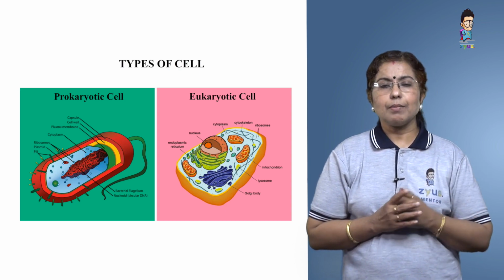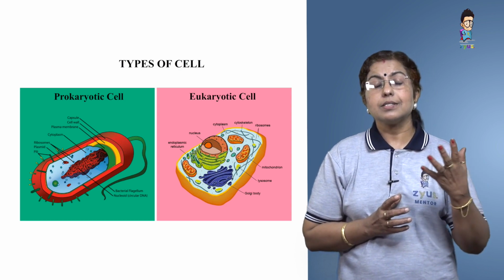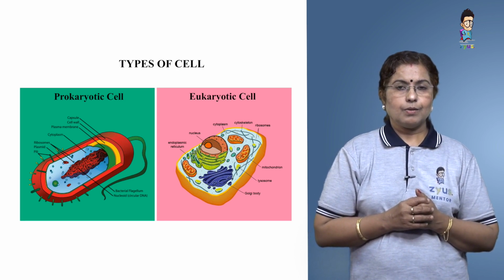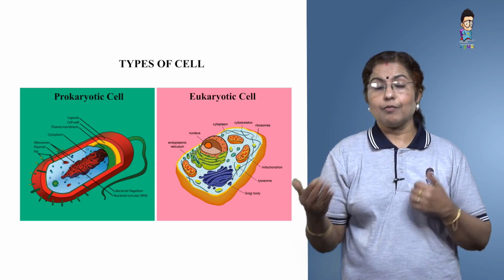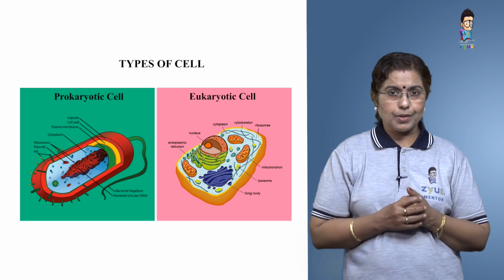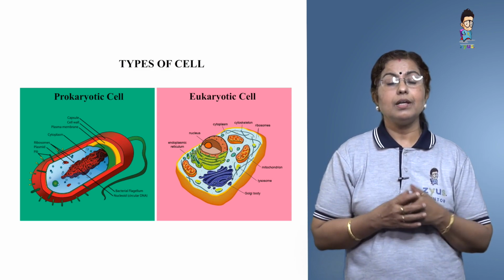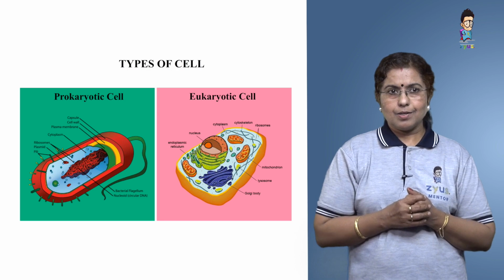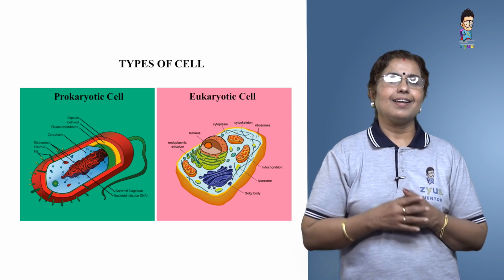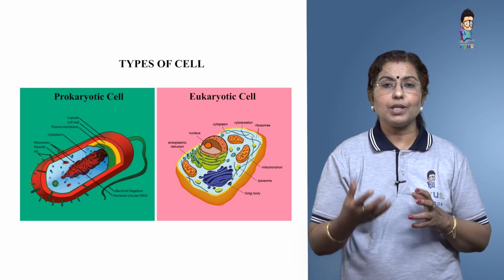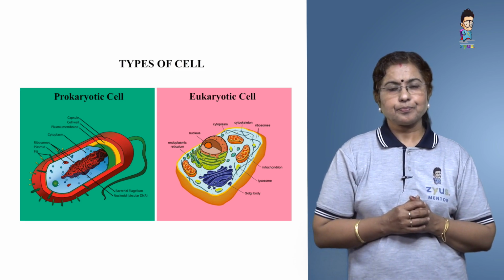The best examples are unicellular organisms like bacteria. Whereas eukaryotic cells, we all have eukaryotic cells. Human beings, animals, plants all have eukaryotic cells. So what is a eukaryotic cell? Eukaryotic cells are the cells which have a prominent nucleus.